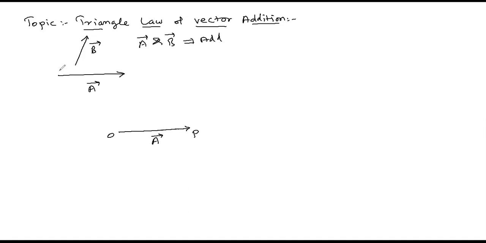From the head P of OP, draw vector PQ equal and parallel to vector B. That means suppose you are having this vector B here, then you have to just drag this one to this side.